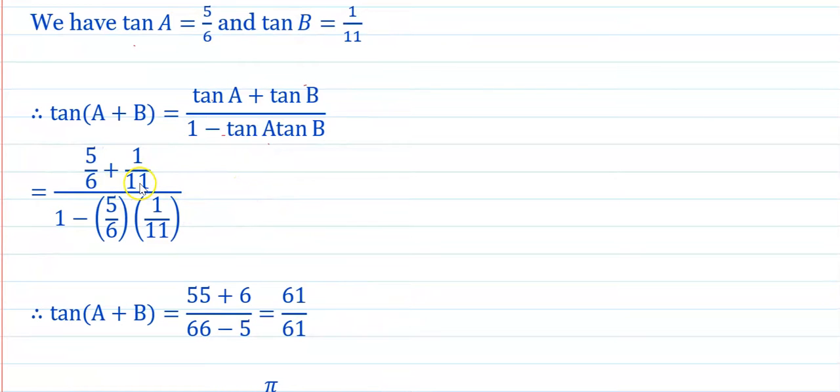Now what will we do here? In this, cross multiplication. 5 into 11 you will get 55. 6 into 1 you will get 6 and this divided by 11 into 6, that is 66.